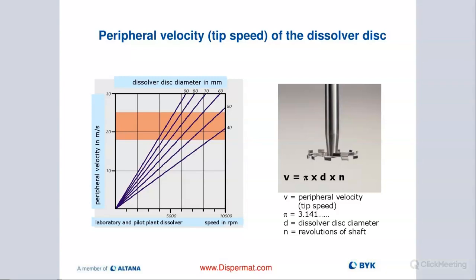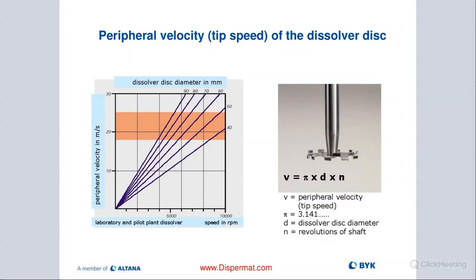You have the diameter of your dispersing blade times pi times the RPM of the Dispermat running. And if you want to calculate meters per second, it's important that you divide everything by 60, but you also have to express the dispersion blade diameter in meters.